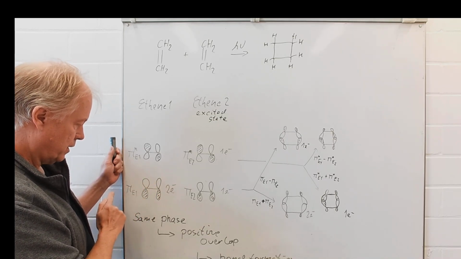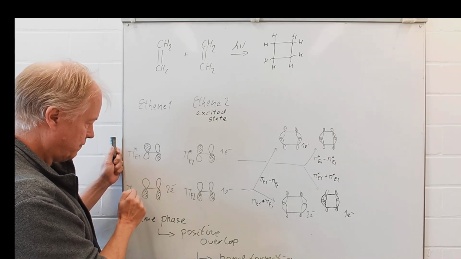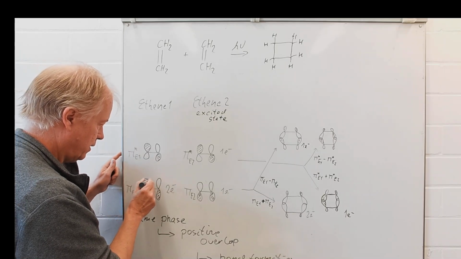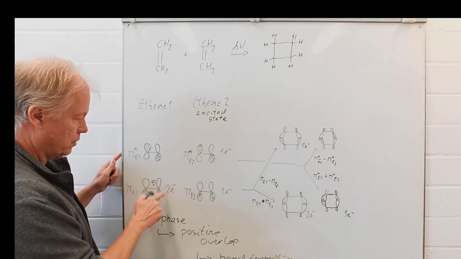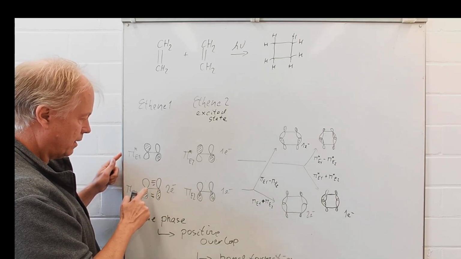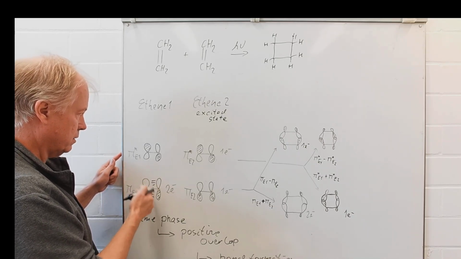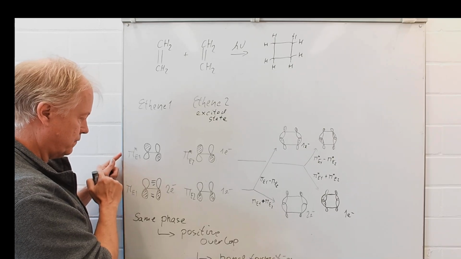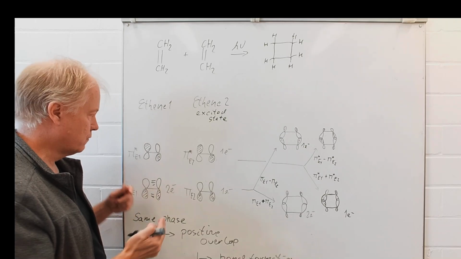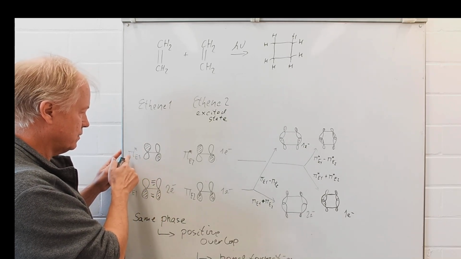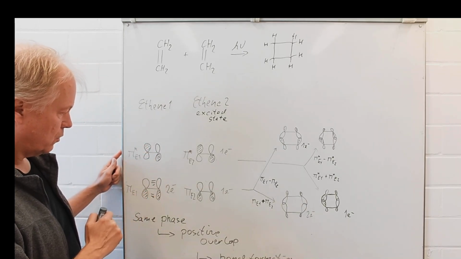This is bonding because we have the same phase here. Here is a positive orbital overlap, and therefore this is the bonding pi orbital. Here we have a change in phase, no positive overlap. This means this is an anti-bonding pi molecular orbital.